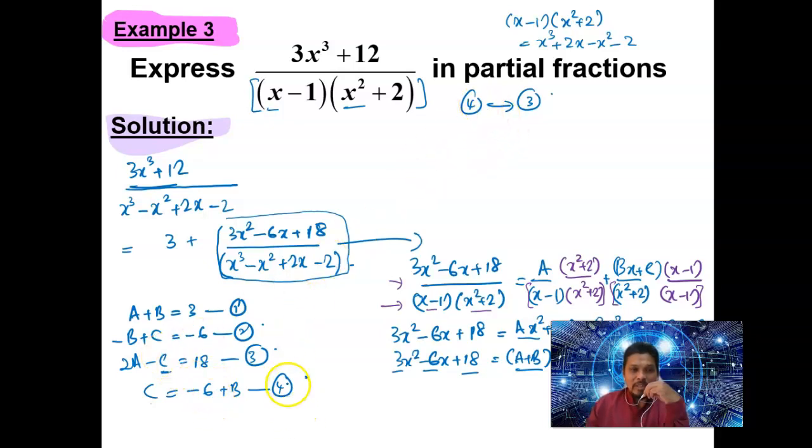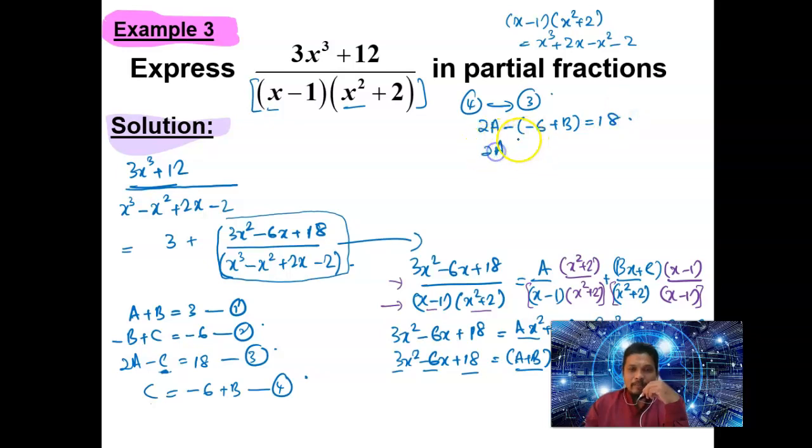Equation 4, substitute into equation 3, 2a minus c, where c now from equation 2 is negative 6 plus b. Negative 6 plus b equal to 18.